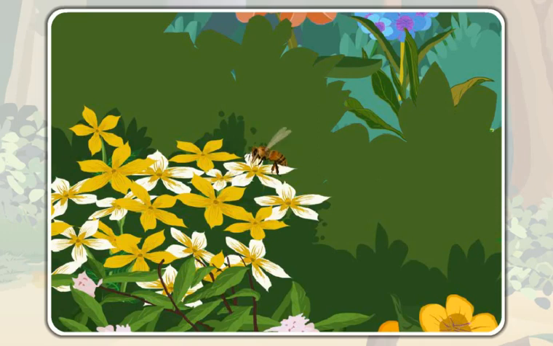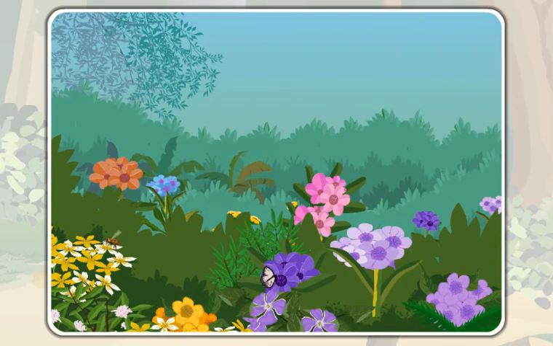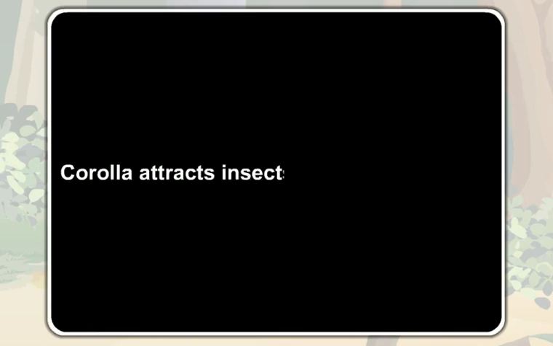Like a honeybee, a butterfly also flies towards colorful flowers to suck their nectar. As the corolla makes the flower colorful, we can say that the corolla attracts insects towards the flower.